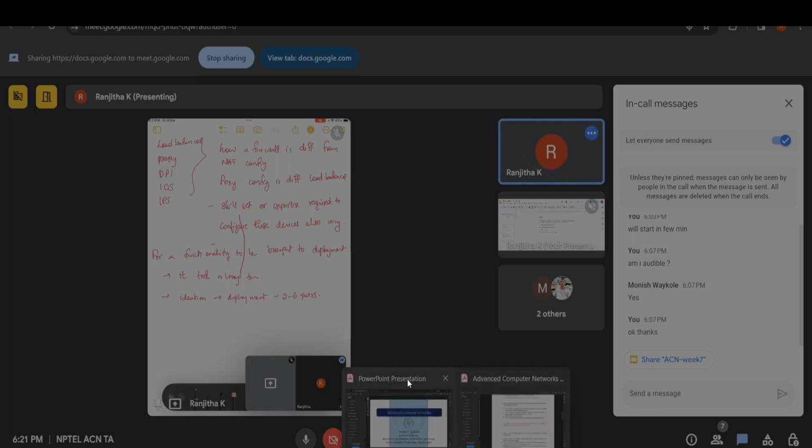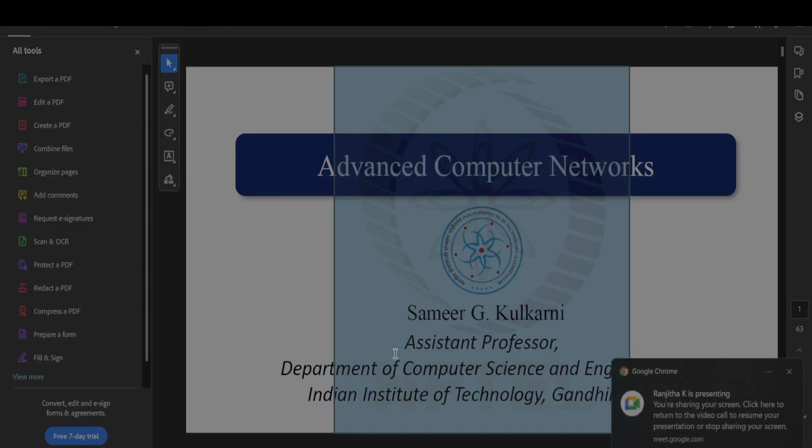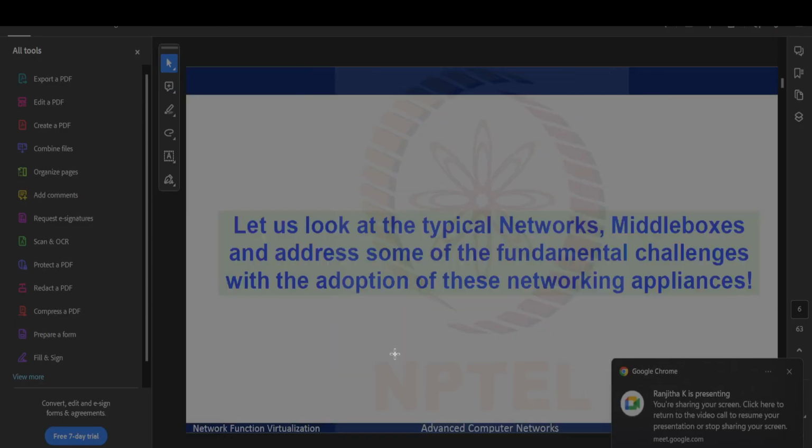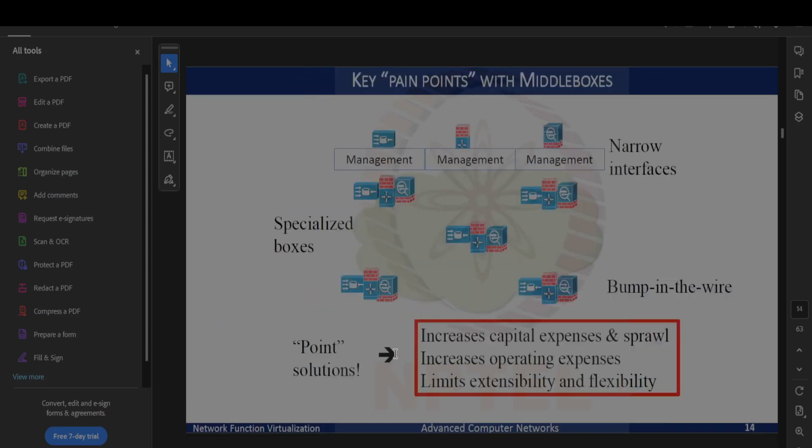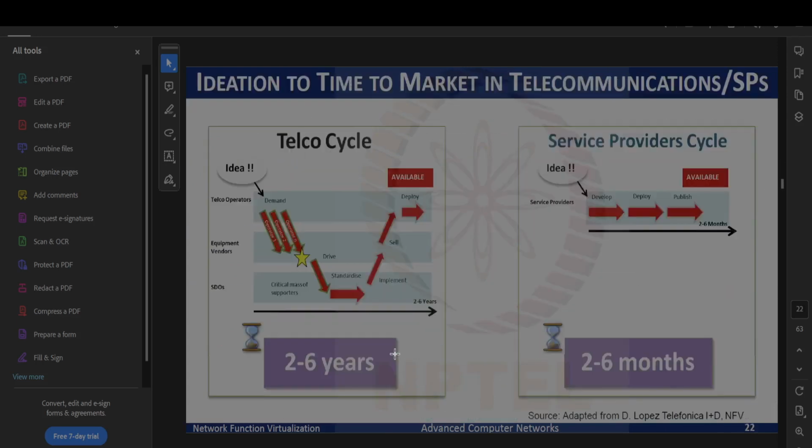Once the requirement is told, the vendor should get convinced that this is actually needed, and that if they bring up such a device, people will be consuming it. Then some standardization comes into picture, then the hardware design and development will happen, and then the vendor will sell it in the market, and the operator will buy it and deploy it.